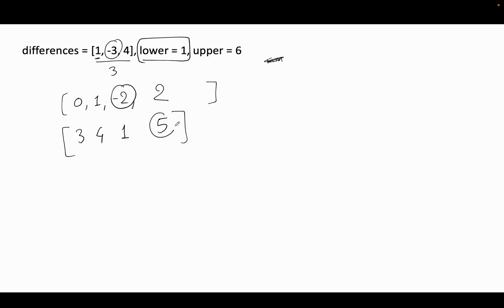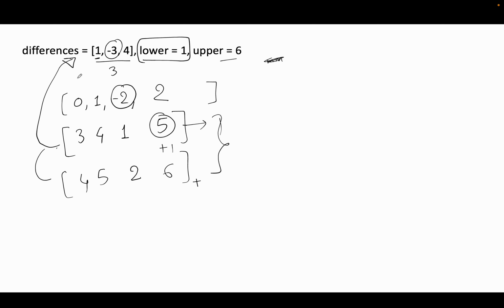And here the maximum is 5. So this is the first value, and the second you increment everything by 1. Then you cannot have any other. If you increment further, you will go beyond upper. So only two possible values are there. 6, 2, 5, 4. These two will give you these differences.